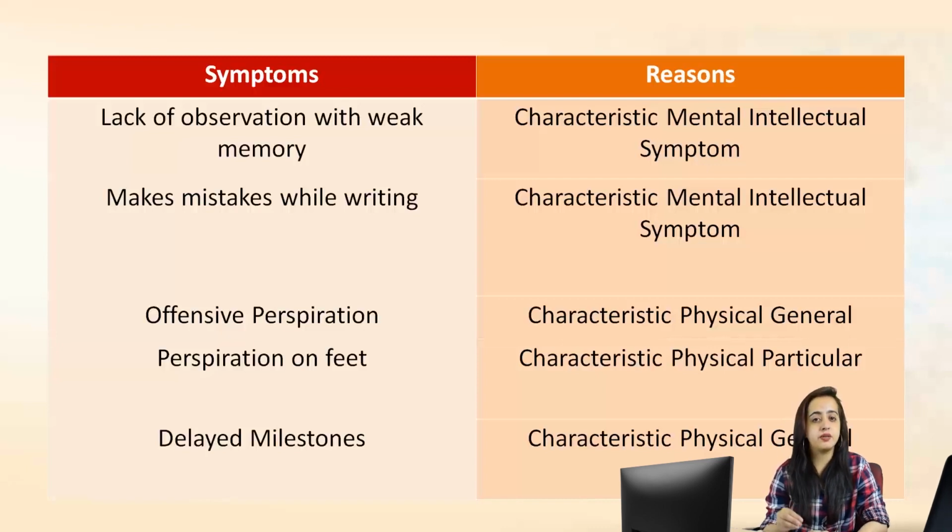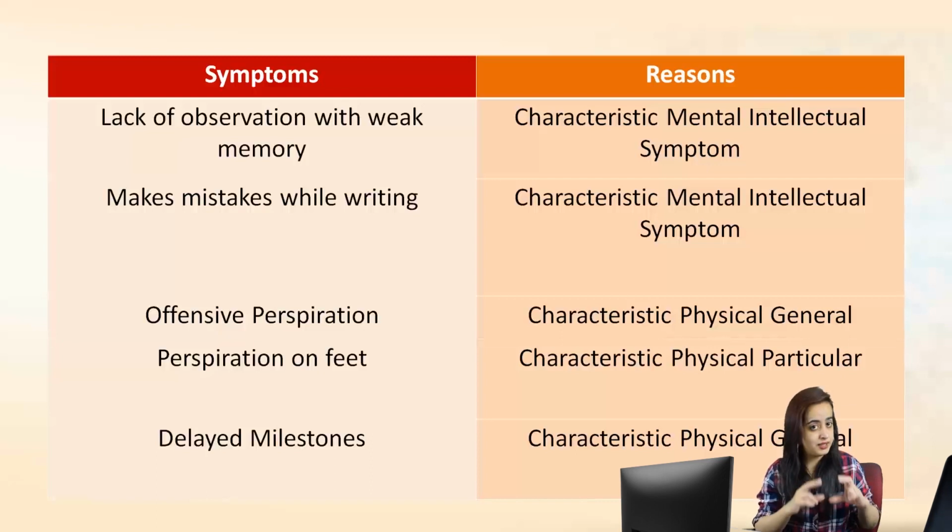Makes mistakes while writing. Again, we have considered this in our totality because it is not common for a 12-year-old to make mistakes while writing. Generally, by that age, your reading and writing skills are refined and nice. So, this becomes a characteristic mental intellectual symptom.